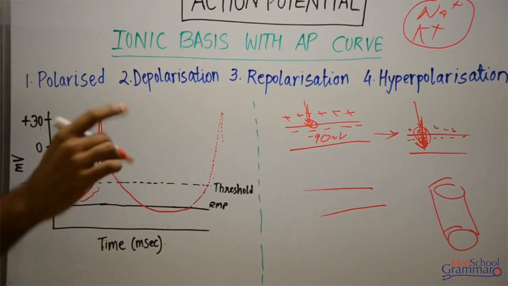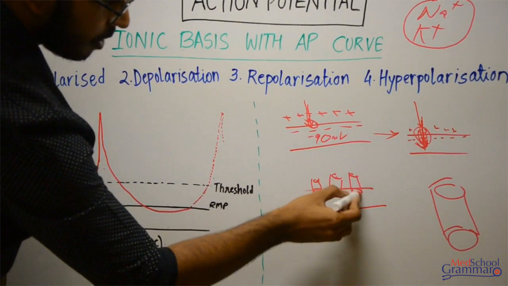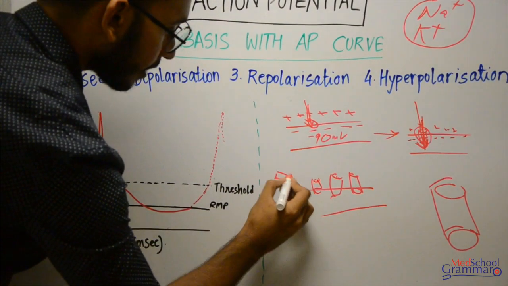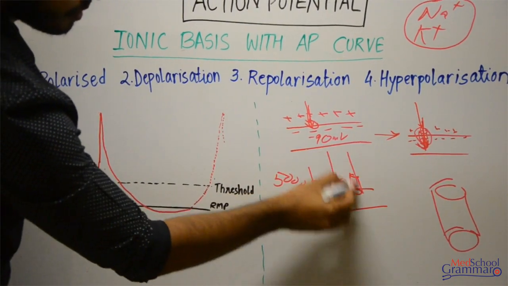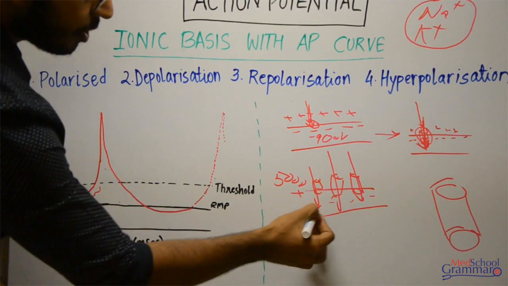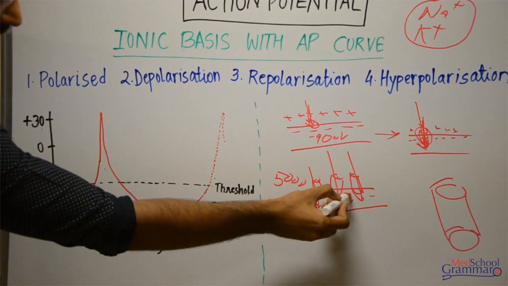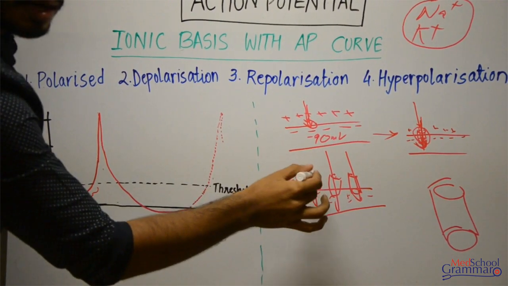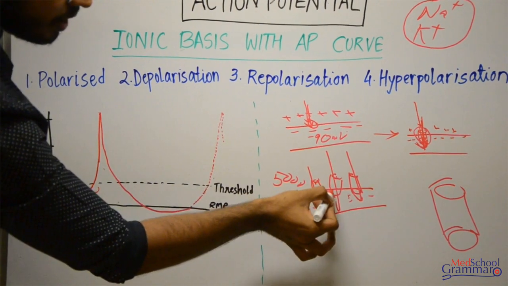As the threshold level is reached, a large number of sodium channels open, and the membrane permeability of sodium increases by around 5000 times, and a large amount of sodium moves in. If such a huge amount of sodium moves in, the negativity inside quickly turns into positivity. That is, the potential inside rises above zero, as you can see. And this phenomenon is called depolarization. The state was polarized, now it got depolarized.